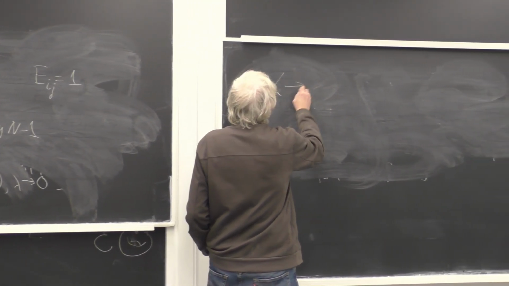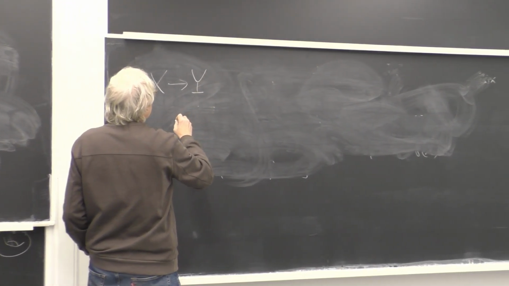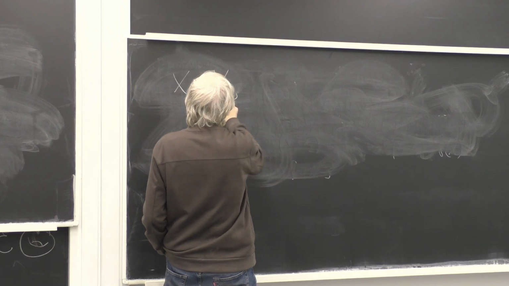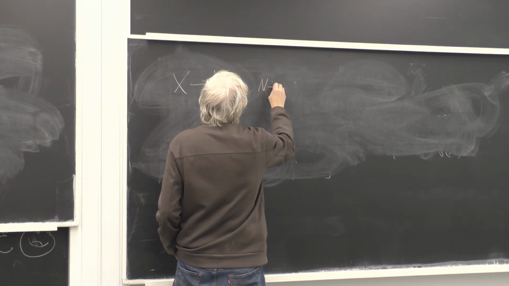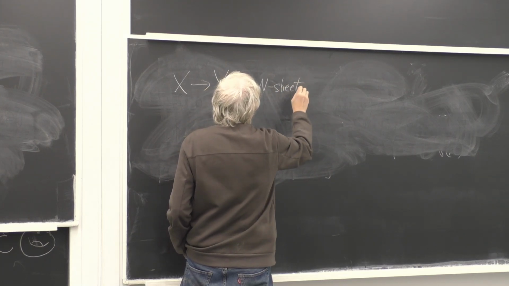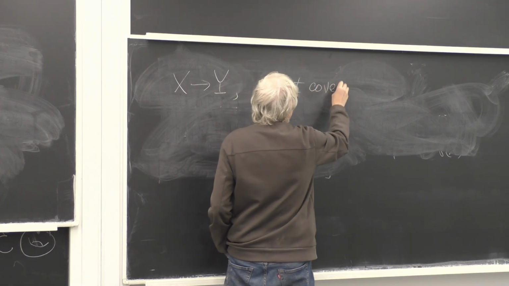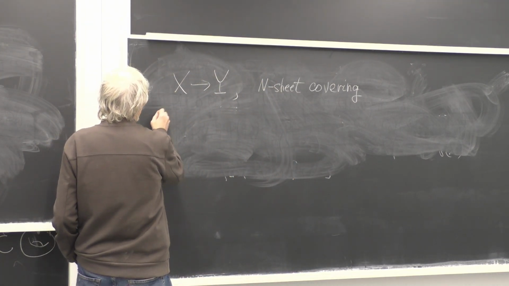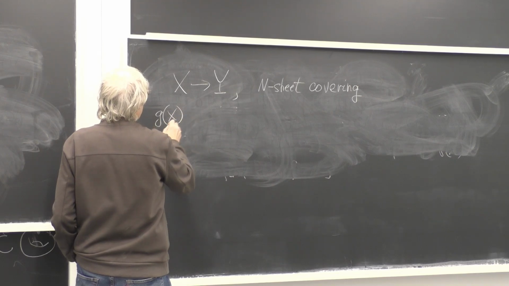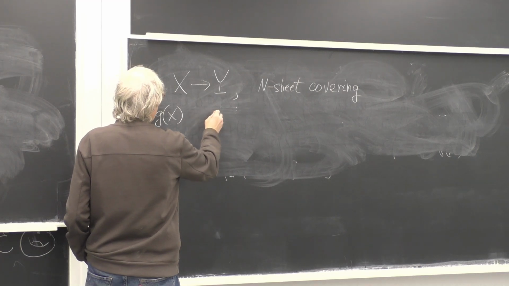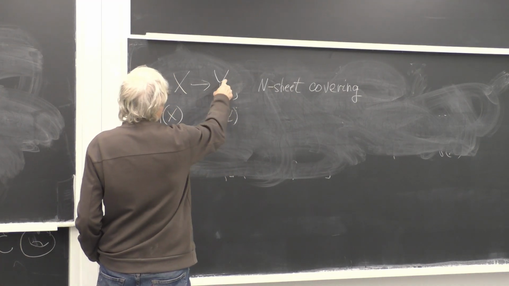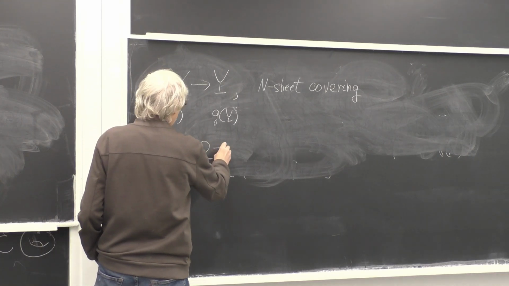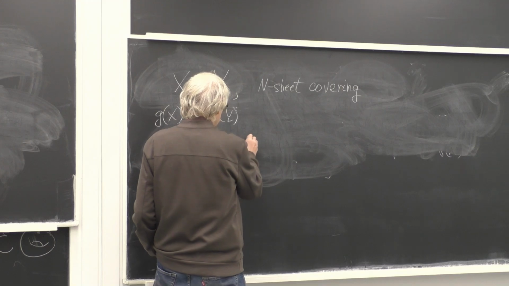Suppose we have two Riemann surfaces, X and Y, and X covers Y, and suppose this is an n-sheet covering. Then g of X is the genus of X, and g of Y is the genus of Y. Then the following relation holds, which is called the Riemann-Hurwitz formula.